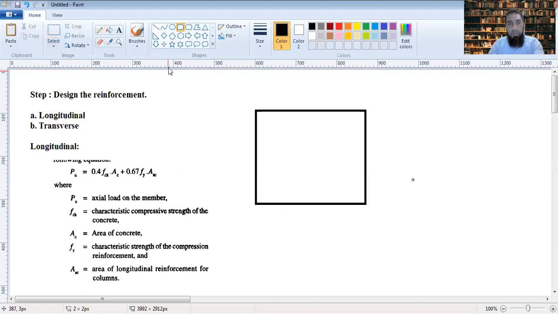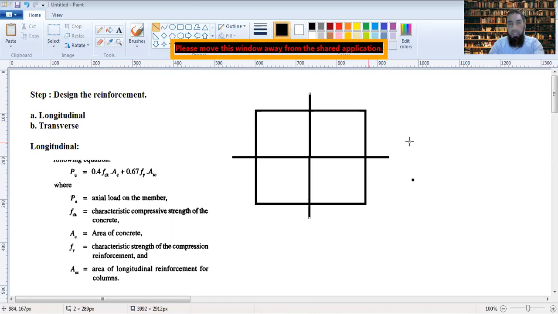You have a column section, and when it's under compressive load, this is for a case of eccentric axial load only.